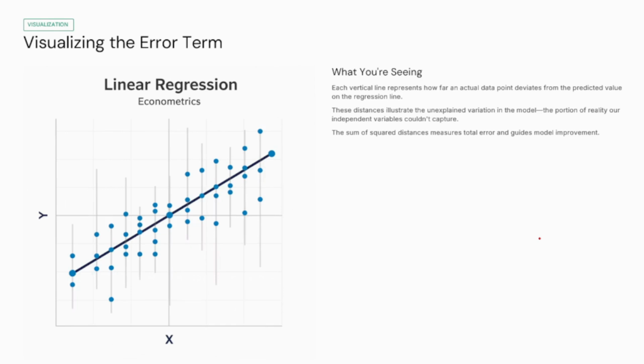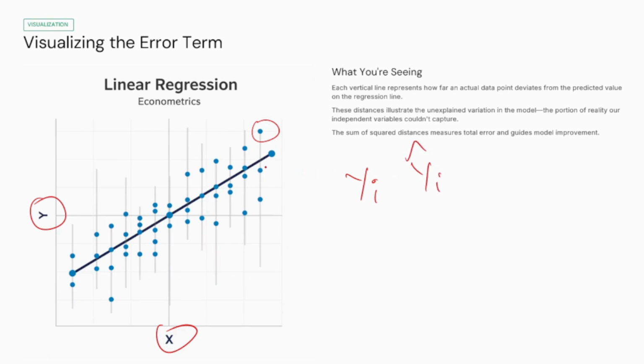We can see the error term from the following graph. Here in the x-axis we have measured the independent variable. In the y-axis we have measured the dependent variable. These blue dots are the actual values, that is the yi we can say, and this black color straight line is the estimated values, or we can say yi hat.